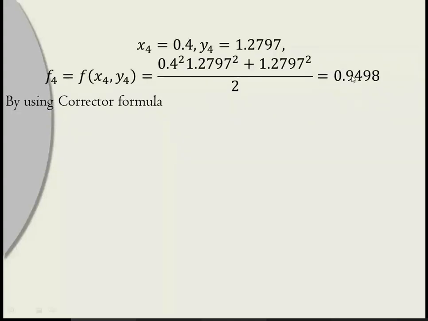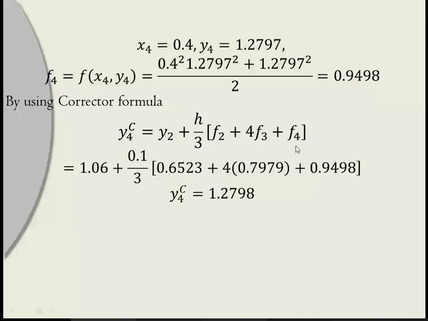Put this value into the corrected formula. So the new y4 will be the same formula, y2 plus h by 3, f2 plus 4f3 plus f4. Now we are using this new f4 here. So simplifying it, y4c will be 1.2798.